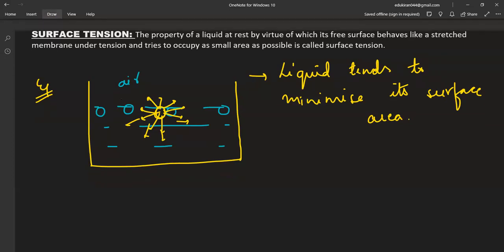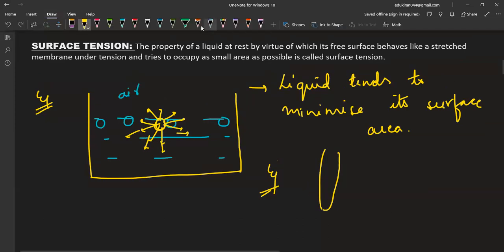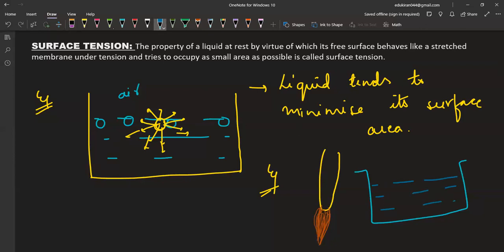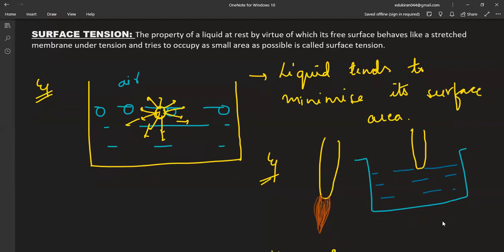This is best understood with this example. If you take paint brushes, the tips of a paintbrush look like this outside in the air. Now, if I take the same brush within the water, will it be like this only? Here it is trying to minimize the surface area.